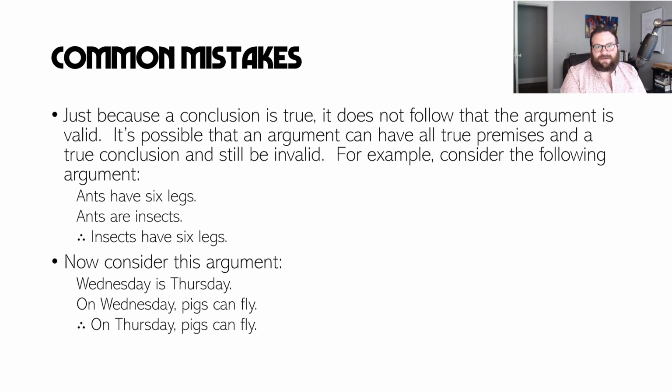Bizarre, but okay, right? Wednesday is Thursday. Well, if Wednesday is Thursday, and on Wednesday pigs really can fly, then yeah, it pretty clearly follows that on Thursday pigs can fly. So this is a valid argument that has all false premises and a false conclusion.